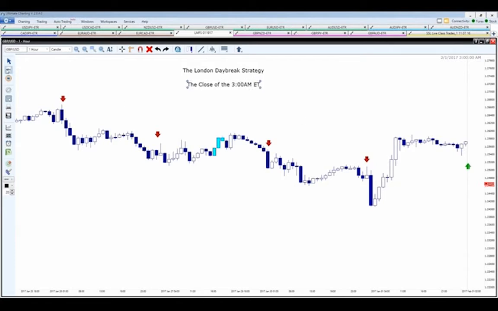I'm going to demonstrate this for you when we start talking about actual manual analysis, but there are 3 things you're going to want to know before you get into a trade. Number one, which direction is the market going? Is it going up or is it going down? Number 2, you want to know where and why to get into the market.